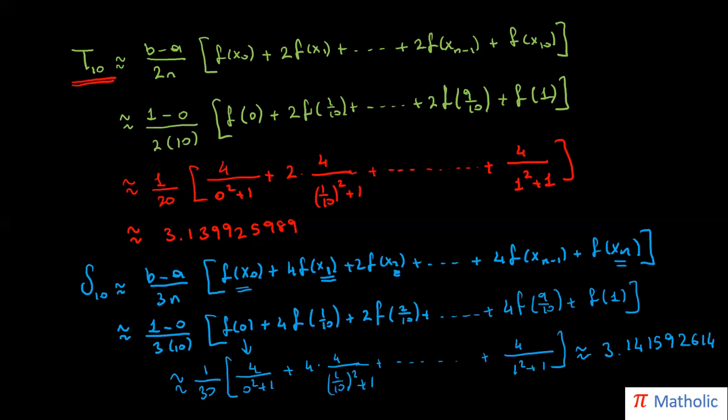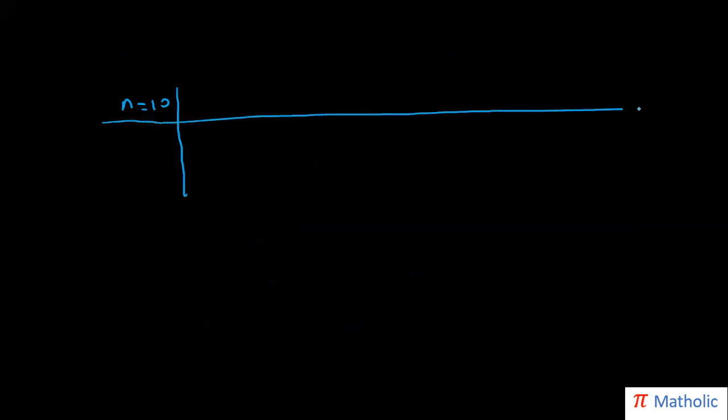So we solved the same question by using 3 different approximations. Let's write them all here again. For n equals 10, by using midpoint, we got the answer 3.142425985.